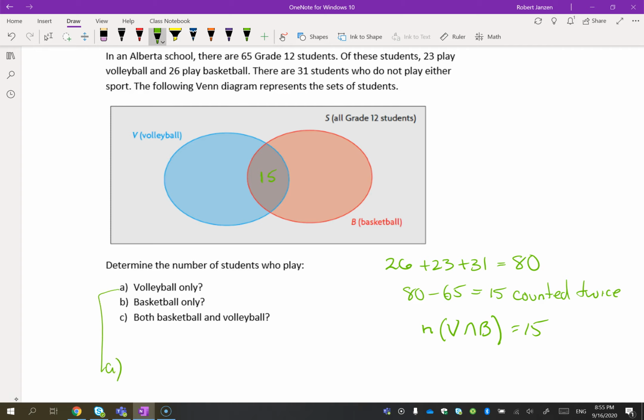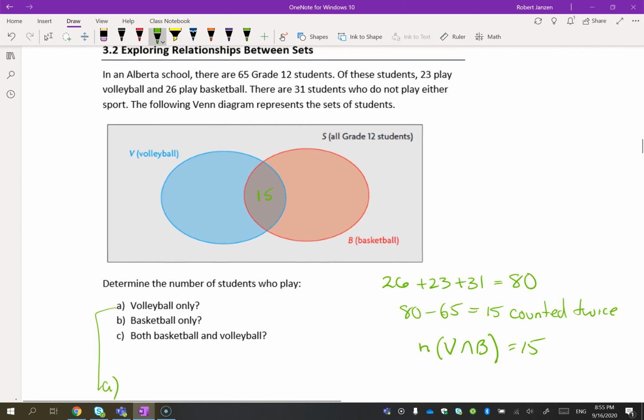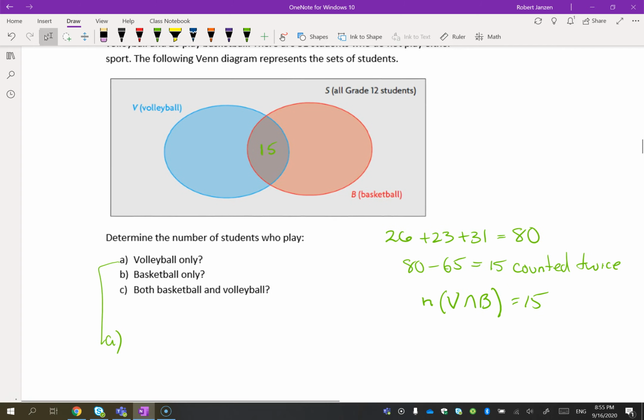So let's do part A, volleyball only. How many players play volleyball? 23. So the number that play volleyball, not basketball, is 23 take away the overlap, which means there would be 8 here. Finding the 8 is easy.